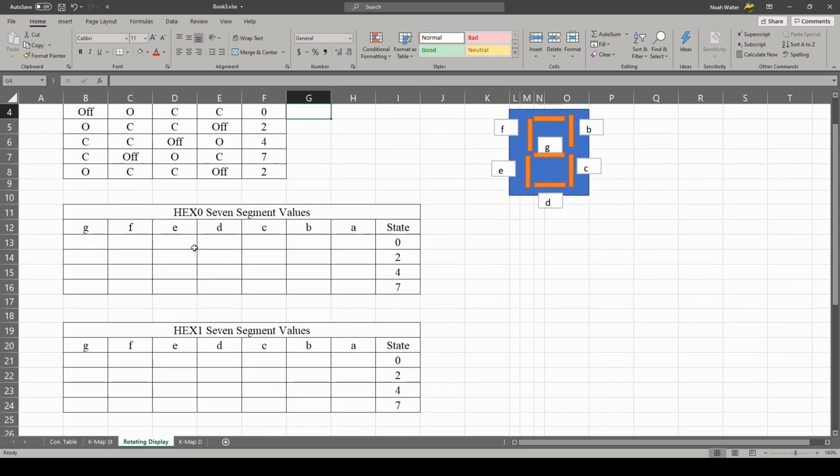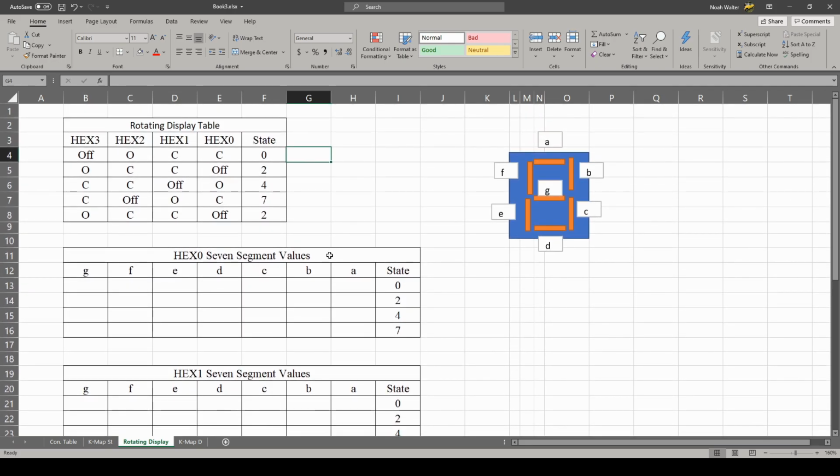So, we go to the 7-segment values. This is where you need to pay close attention to how to fill this out. We're going to be looking at A right here. We are in hex 0, which is this column, so this is what we're paying attention to, and the states right here as well.